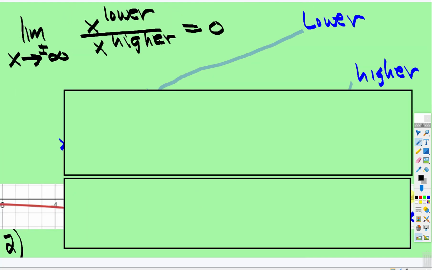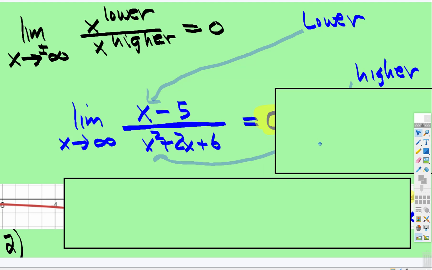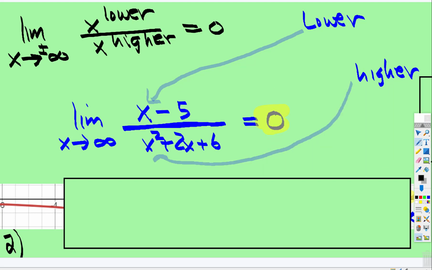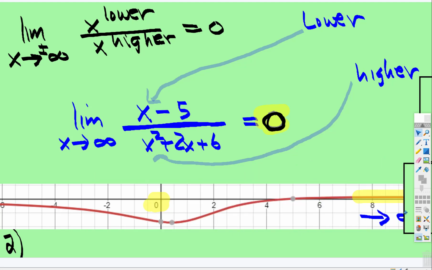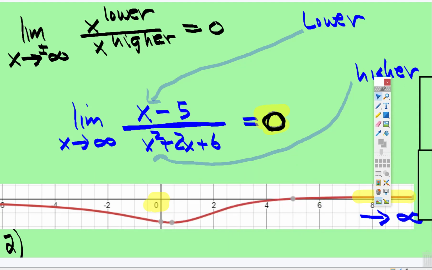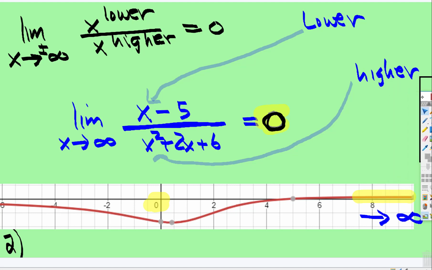All right, so I showed you the polynomial. Now we have when x is lower in the numerator than in the denominator, and you're headed towards either positive infinity or negative infinity. So it looks something like that, and I said the answer is always going to be 0. If you were to take this function and type it into Desmos or another graphing calculator, this is the graph.